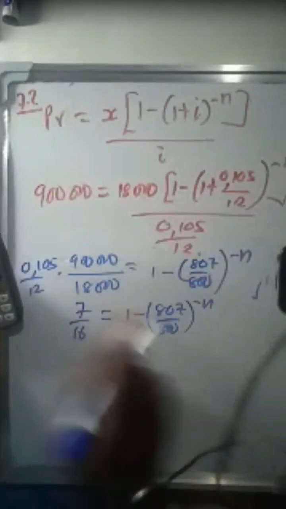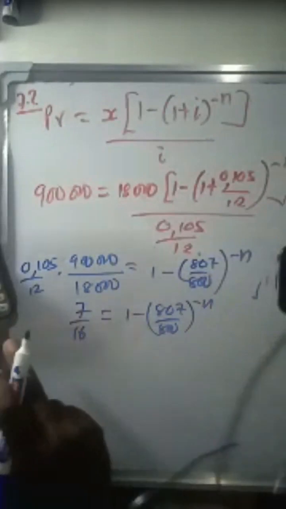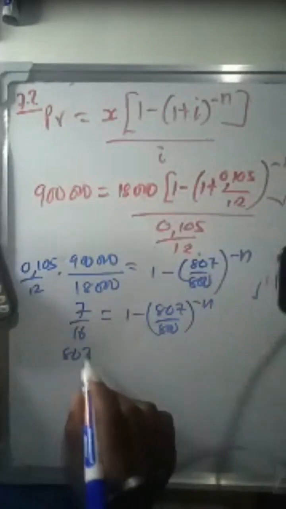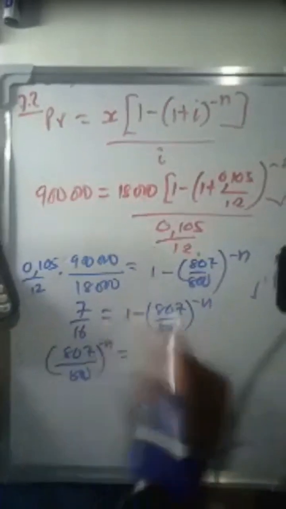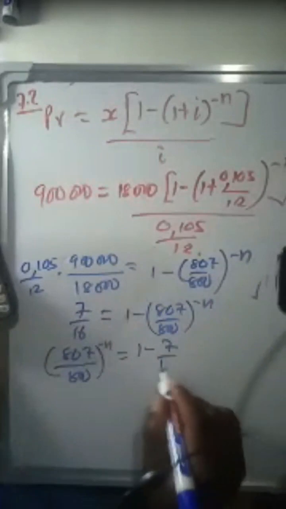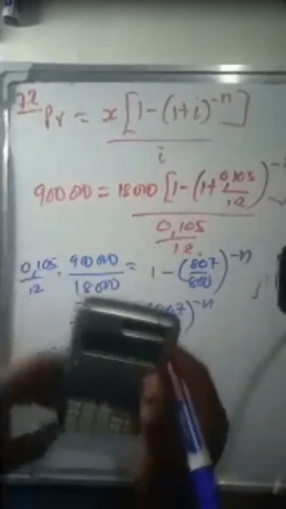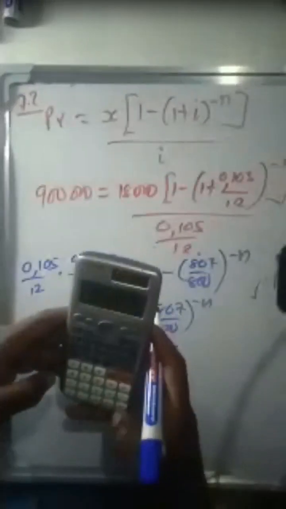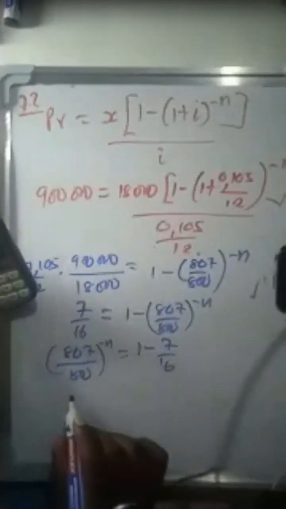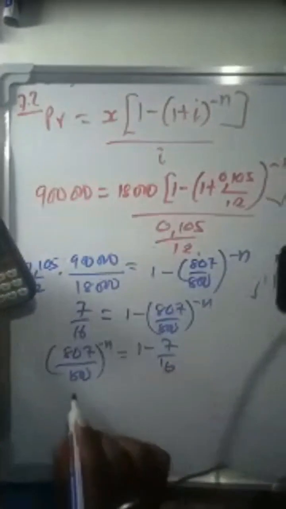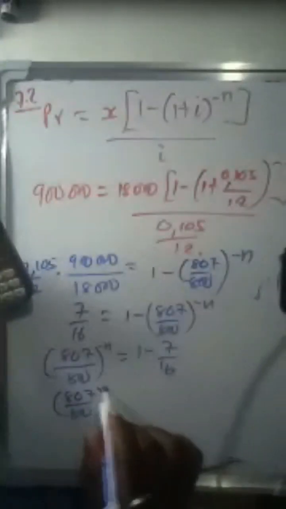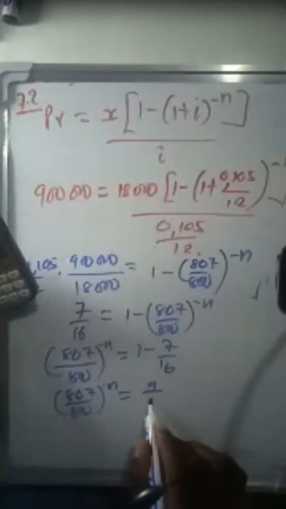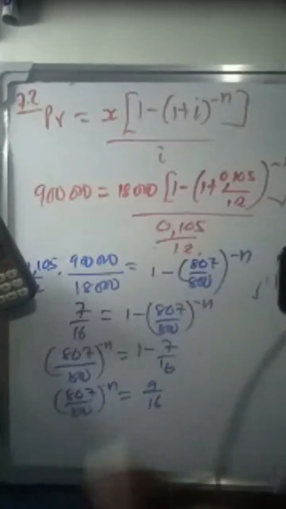Let's move this term to the other side so that it becomes positive. We have (807 over 800) to the power of negative n equals 1 minus 7 over 16. 1 minus 7 over 16 gives us 9 over 16. So we have (807 over 800) to the power of negative n equals 9 over 16.